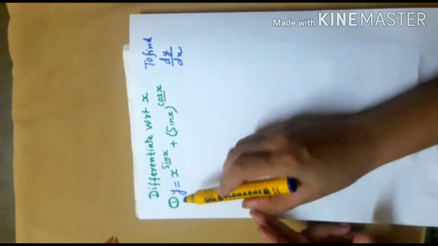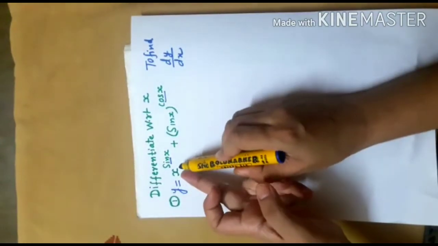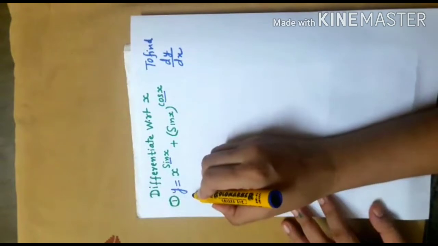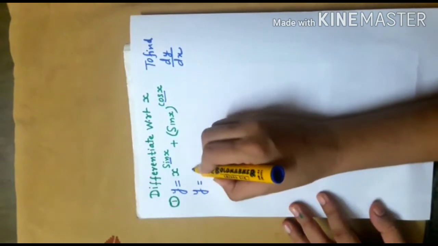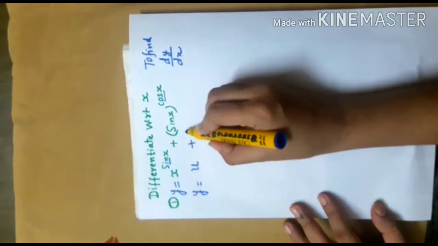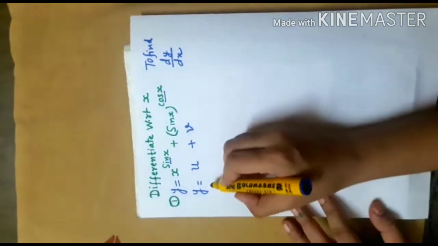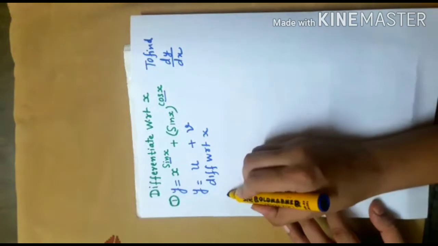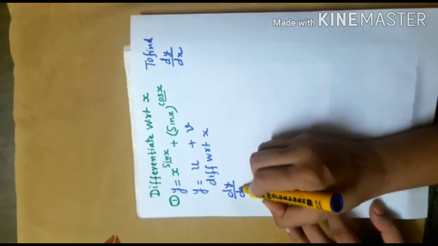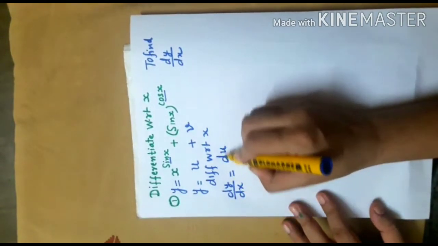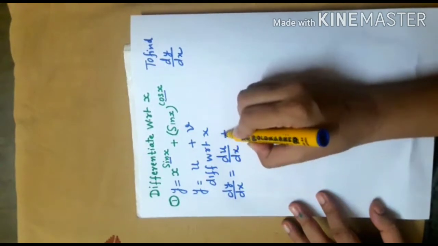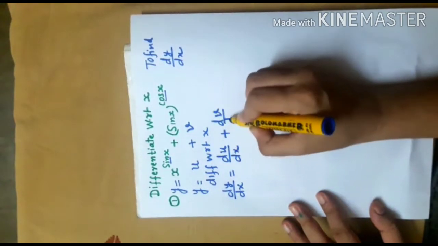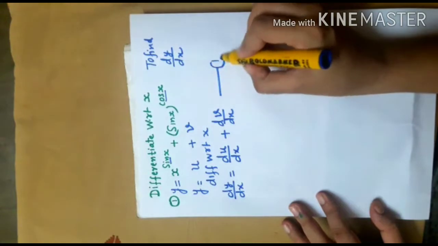Now as y is equal to the sum of these two functions, I'll call this function u and this function v. Now differentiating with respect to x, I'll get dy by dx equals du by dx plus dv by dx.